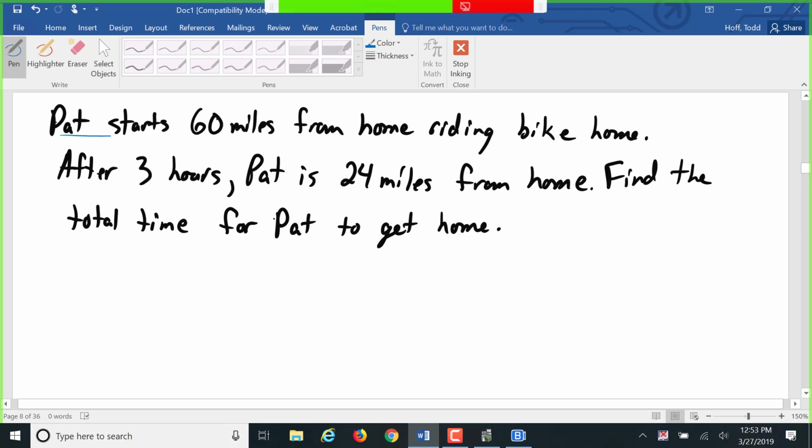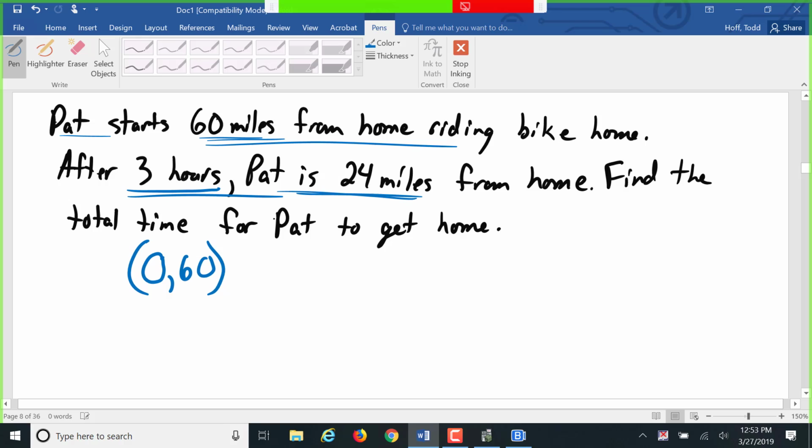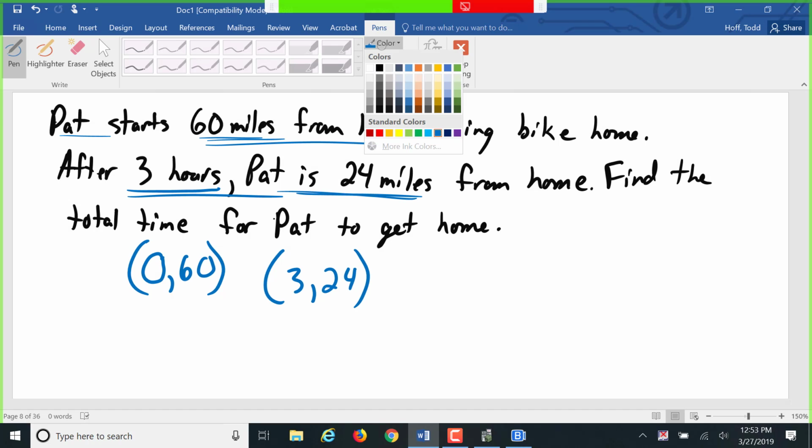Pat starts out 60 miles from home. That's time equals 0, distance equals 60. After 3 hours, Pat is 24 miles from home. So that's time equals 3, distance is 24. We can find an equation from that.